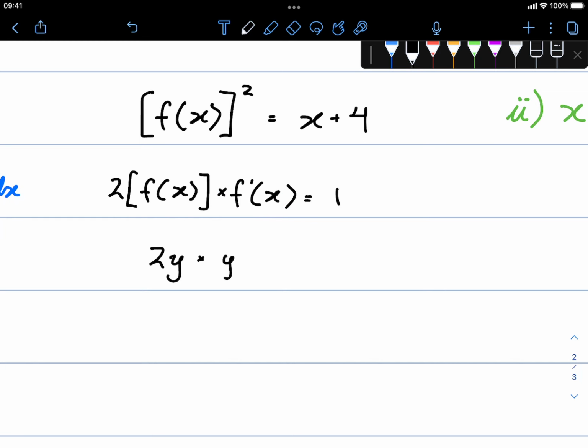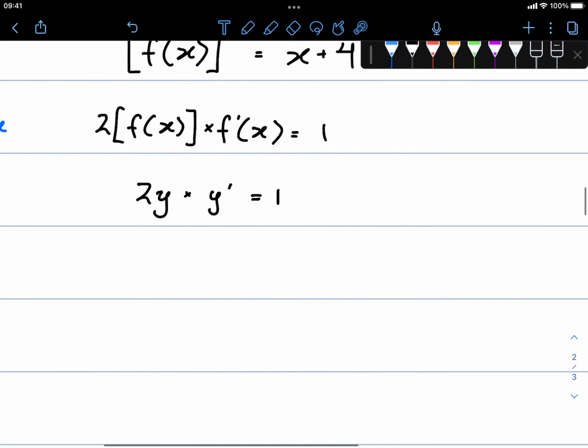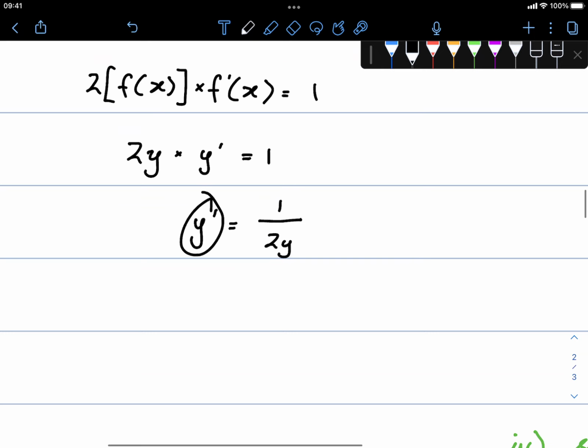Well, we can notate that as y prime equals 1. Dividing by 2y, we get y prime equals 1 on 2y, which we know that y prime is dy on dx equals 1 on 2y.